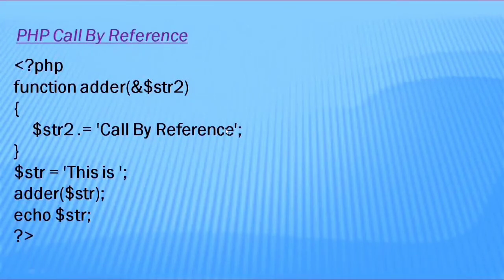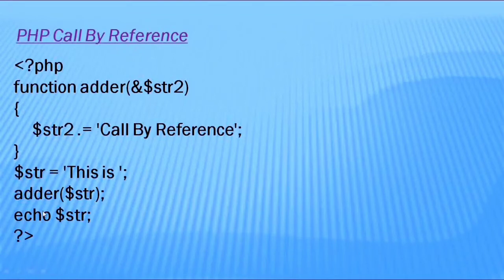If you look at this example, starting PHP code, the function name is adder, ampersand is the reference or address, str2 is the variable, and open the function, str2 dot equal to concatenating assignment, call by reference, and close the function. Next, str equal to this is, there are two values, one is str, another one is str2.